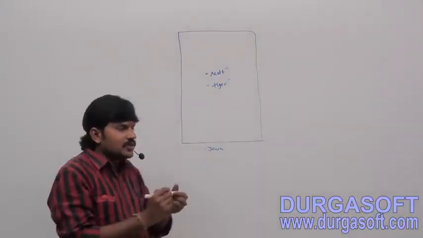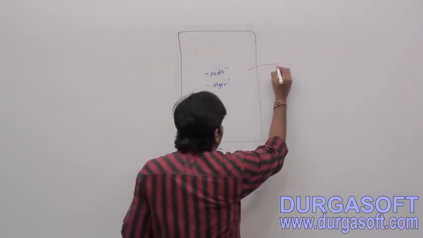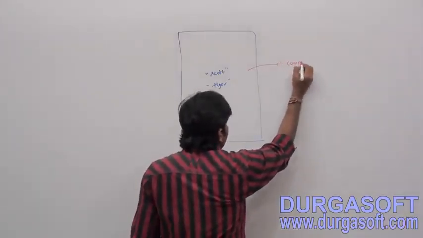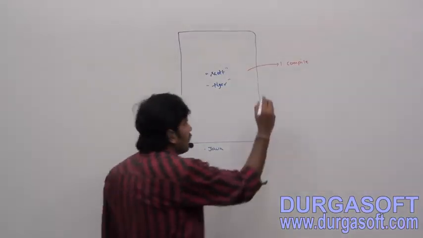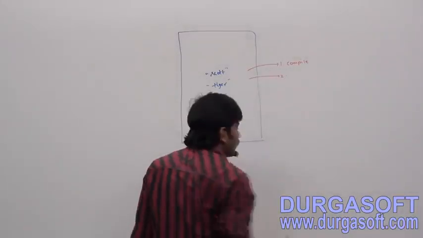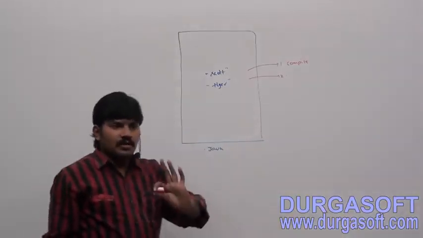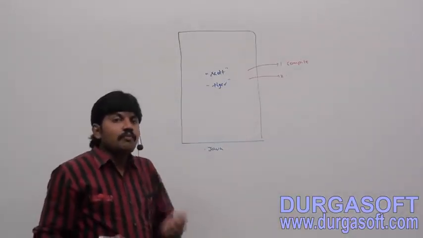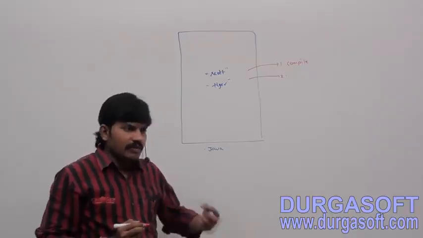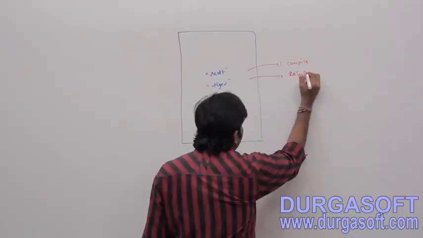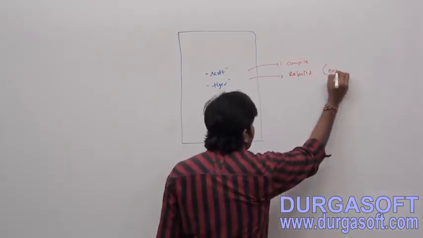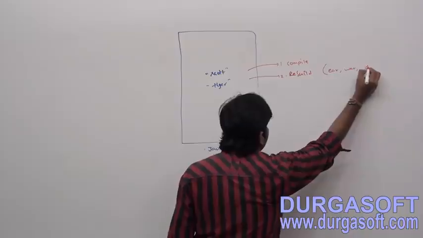To reflect this change, the first activity is that we have to recompile. Correct or not? After recompile, the .class file is ready. Second, we have to rebuild the application, the EAR file or WAR file or JAR file, whatever.